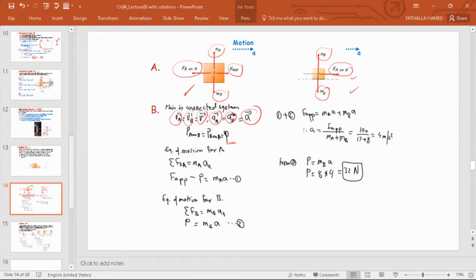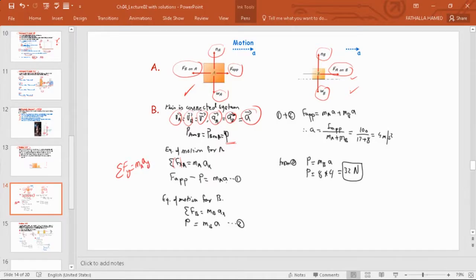Now, I am going to look at my equations of motion. So I look at the summation of the force x on A, which should equal MAAX. Now, you can also say that you have Fy, which is equal to MAAY.